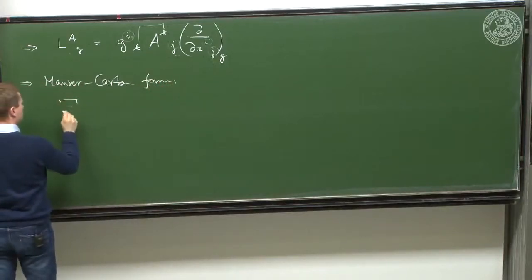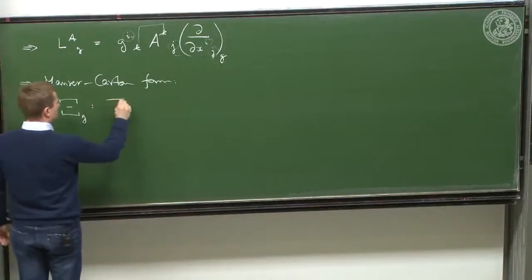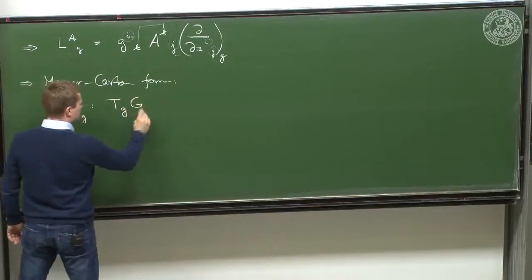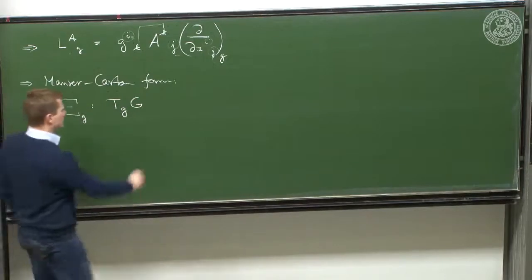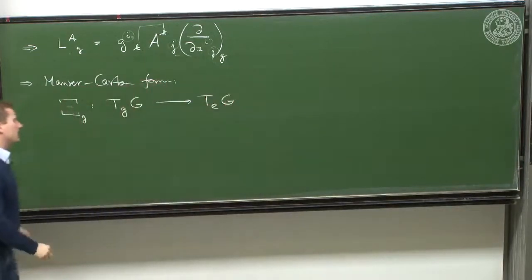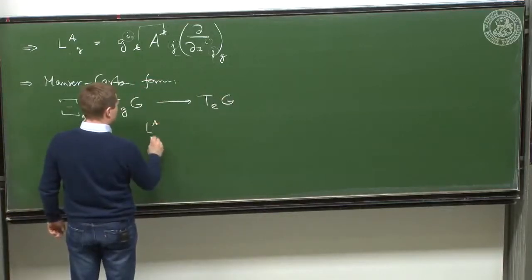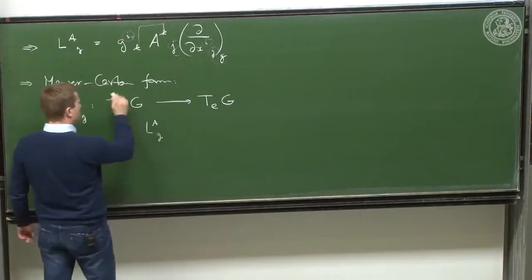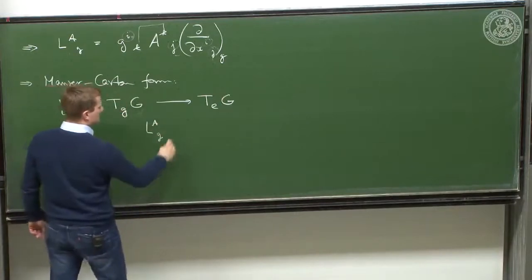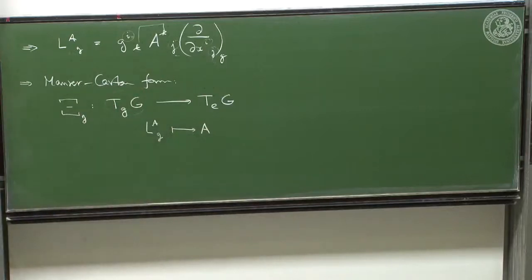It was this capital Xi at the point G takes a tangent element to the group at G back to the Lie algebra element, so the tangent element at the identity, such that L_A at G, I can always represent an element here as this, is mapped to this A here.